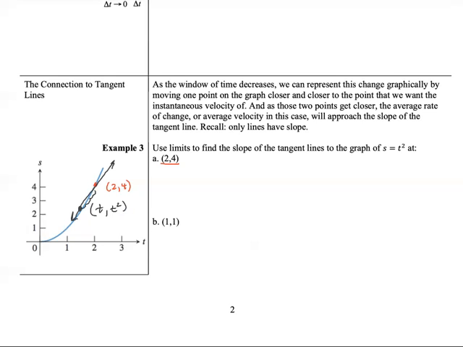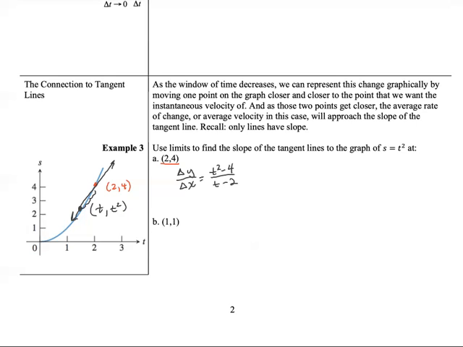So the first thing is to find the slope between those 2 points, the slope of the line between the 2 points. So we find the change in y over change in x. I can do t squared minus 4 or 4 minus t squared. Both of them will give me the change in y divided by, if I did t squared first, then I have to do t first.